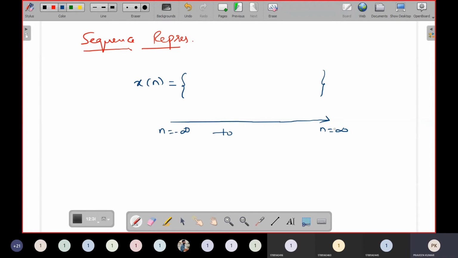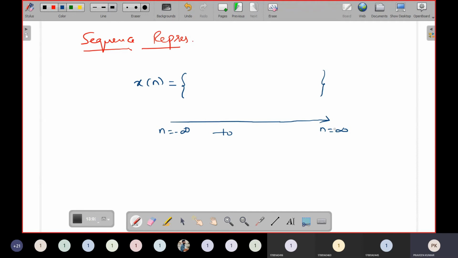You must write the amplitude of your signal at each and every existing time instant. You should not skip any time instant. Like if you started the signal from n is equal to -1 for this one, you need to write the amplitude at n is equal to -1, then amplitude at n is equal to 0, then 1, then 2, then 3, till where it exists.